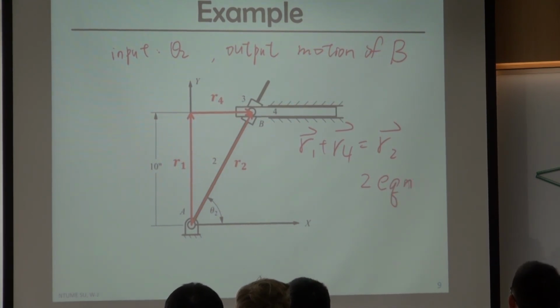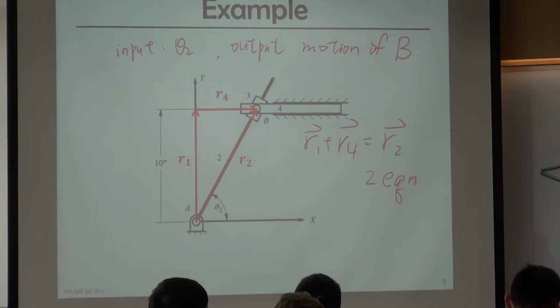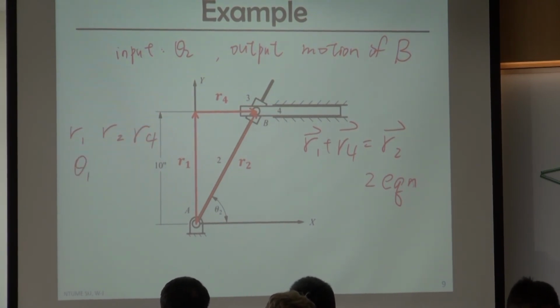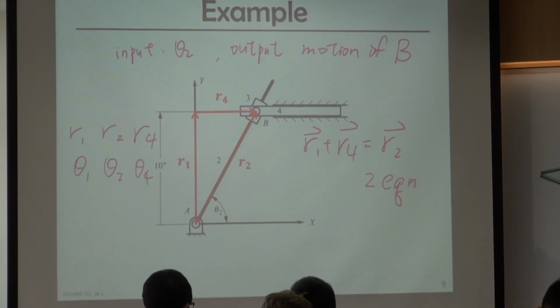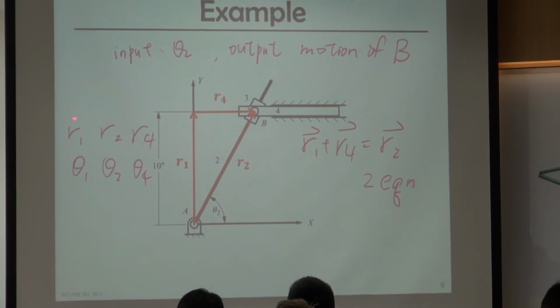Another thing we need to confirm is that there are only two unknowns. So we list all the variables: R1, R2, R4, theta 1, theta 2, theta 4. Let's see how many unknowns are within these 6 variables. How about R1?